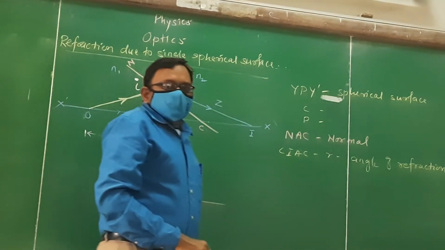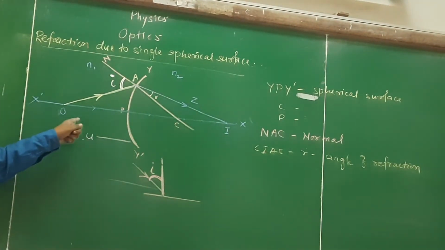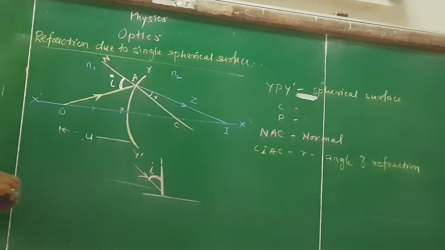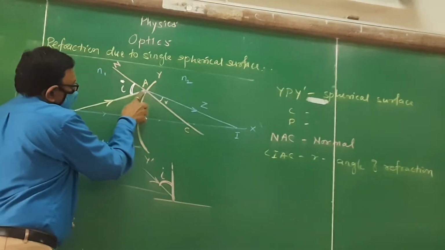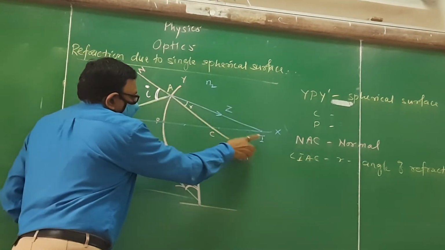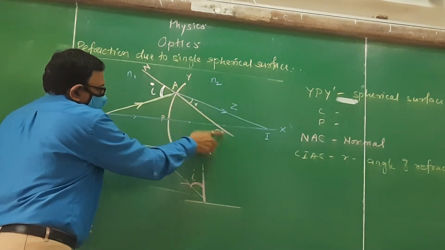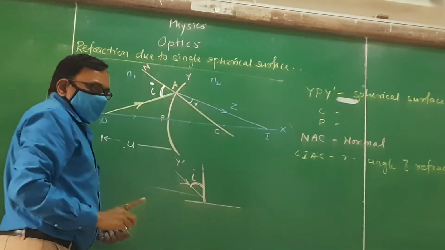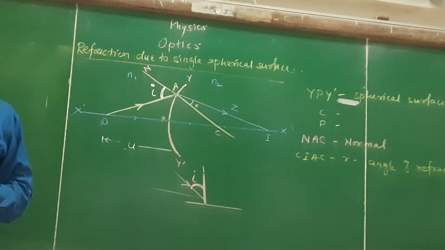In this way you may write all the labeling. Understand? Here, this one is OA, this is AC, and this is AR: the incident ray, the normal, and the refracted ray.